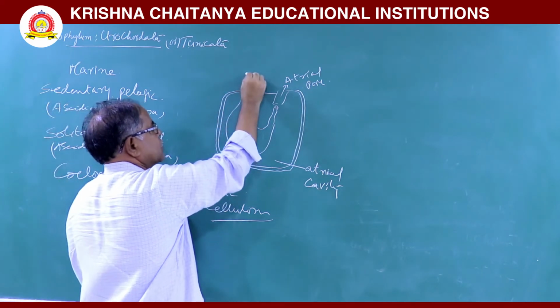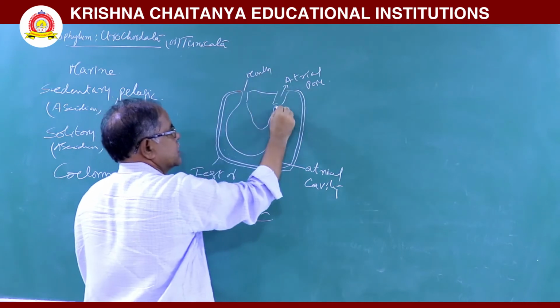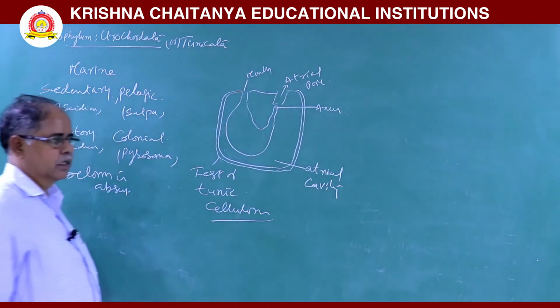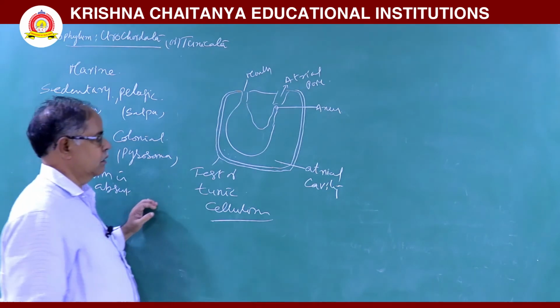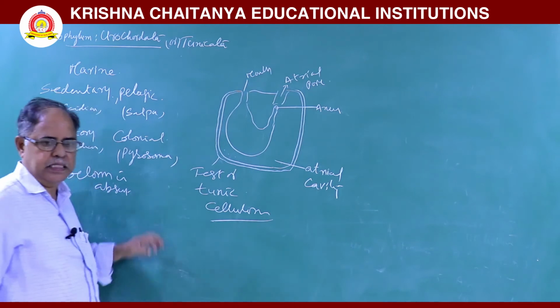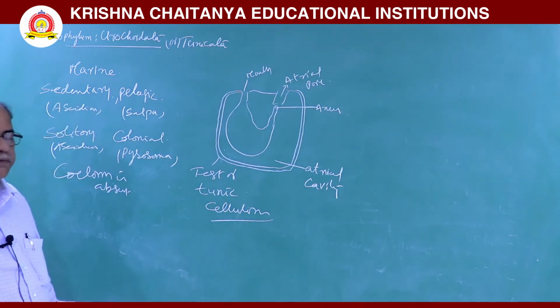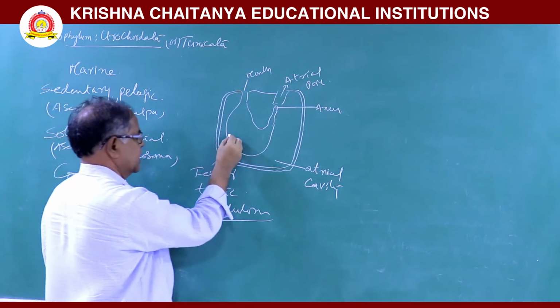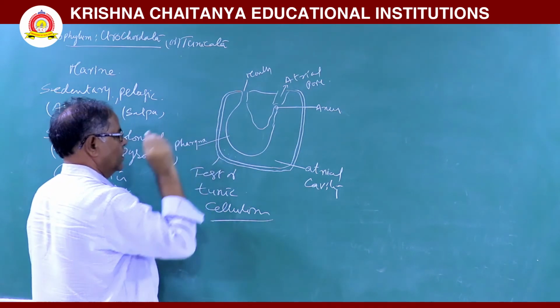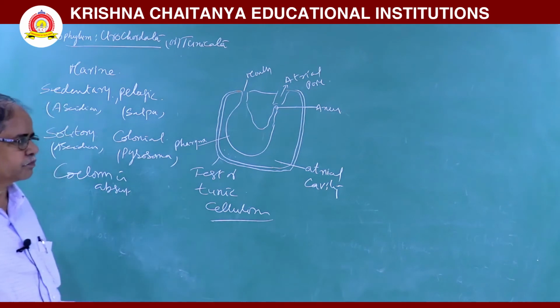This is a mouth. This is an anus. In this alimentary canal, a pharynx is well developed. This is a pharynx.